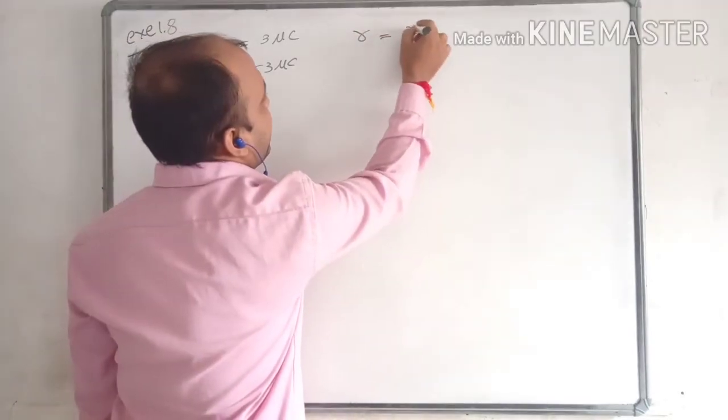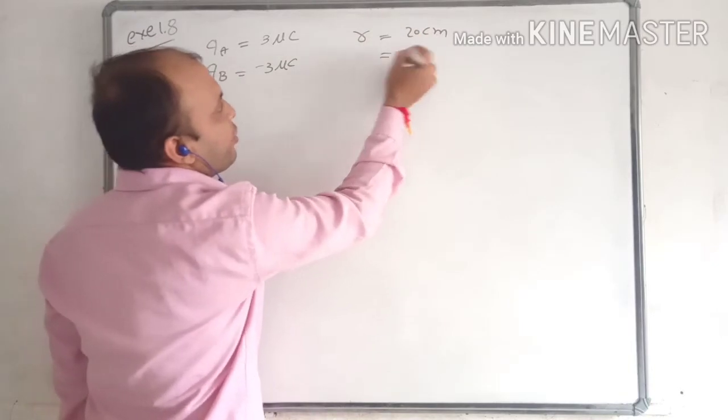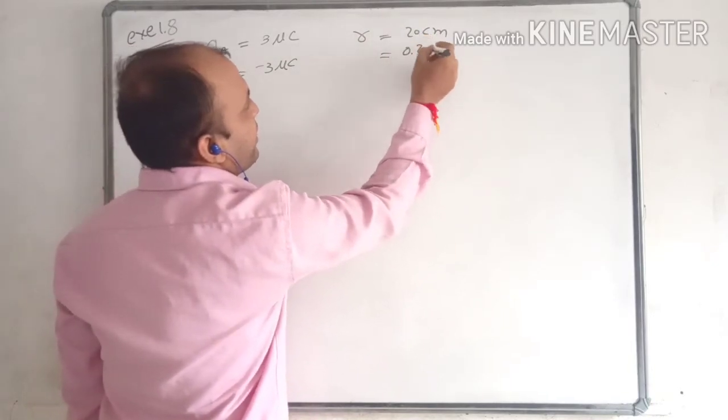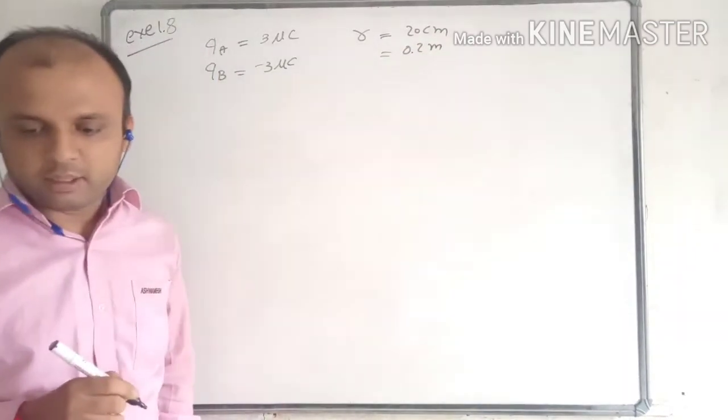So R will be 20 centimeters. Obviously this is in centimeters, so you have to convert it into meters. That will be 20 by 100, so 0.2 meter.